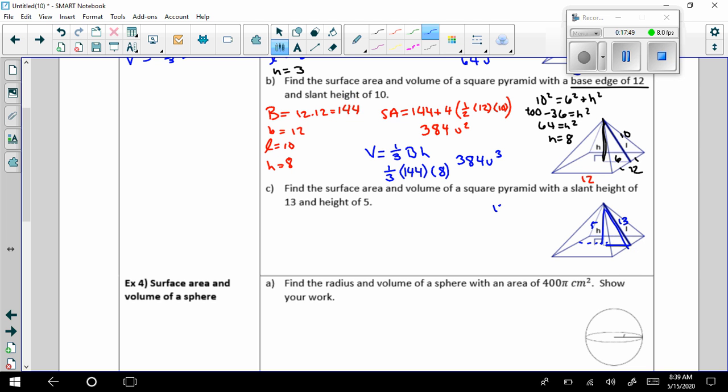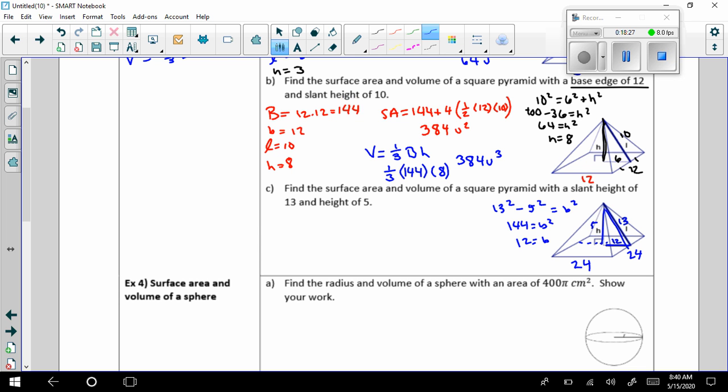And so you have 13 squared minus 5 squared, because this is C and this is like A, equals, call it your base squared, even though you're going to have to double it for your base. And so that should be 12. So 144 equals b squared, so 12 equals the base. Now keep in mind, again, that's here. And so this whole thing is 24.